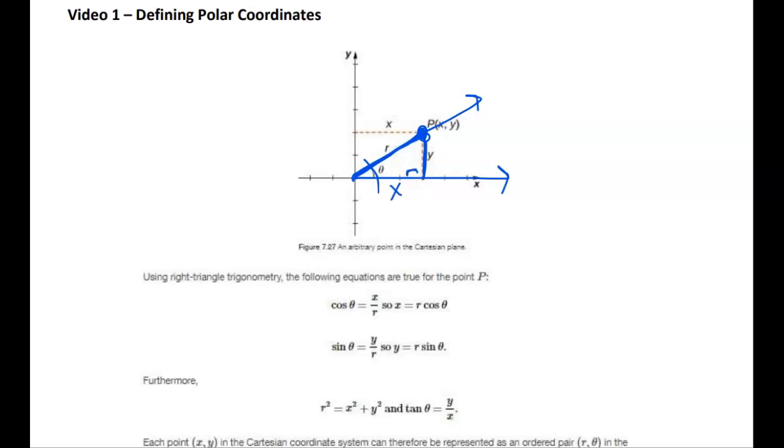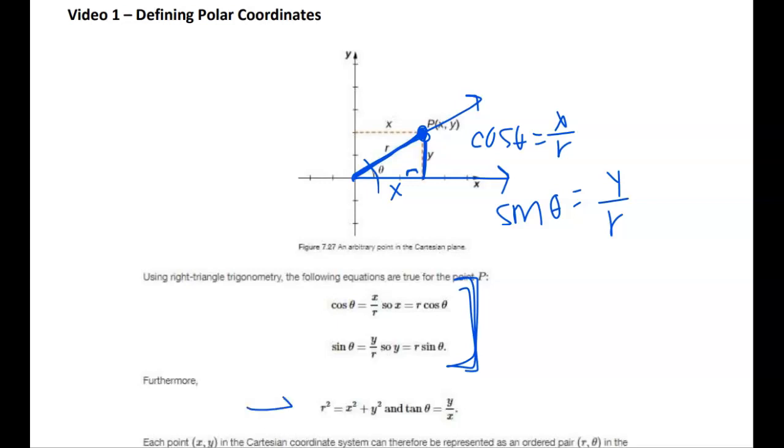then the cosine of theta would be x over r, and the sine of theta would be y over r. And so notice down here we say that x is then r cosine and y is r sine.